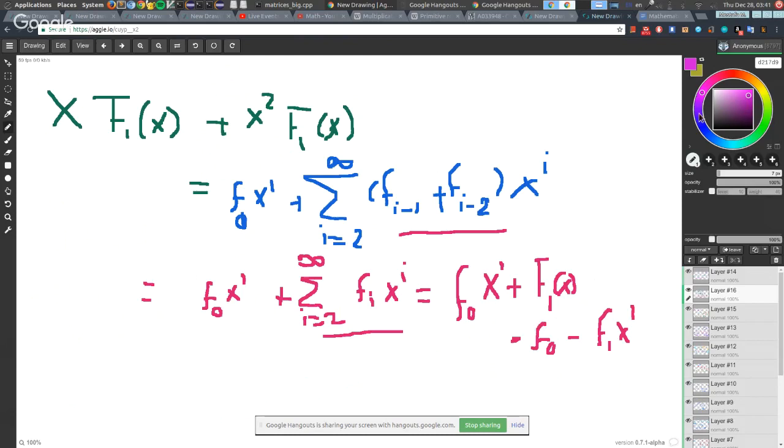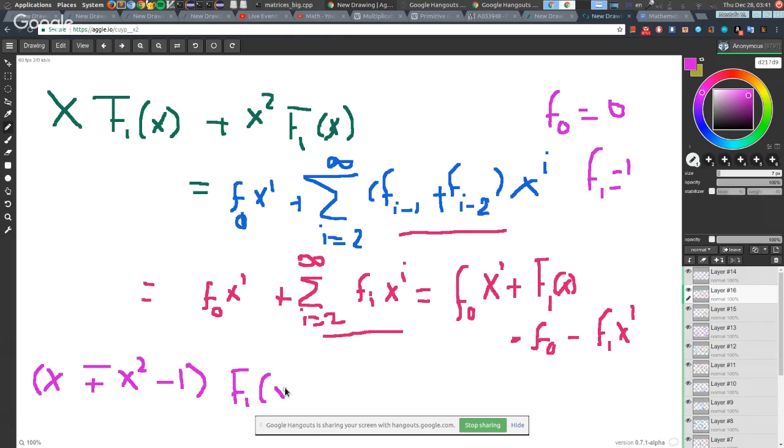So if we use the values, f0 is equal to 0, f1 equal 1, and we rearrange the equation, we end up having this expression. So this part will be equal to minus x.